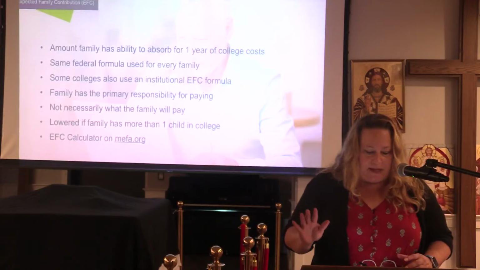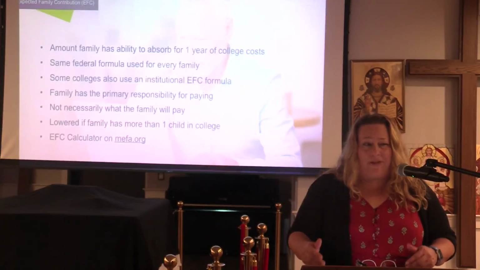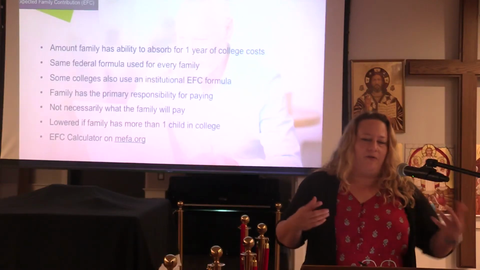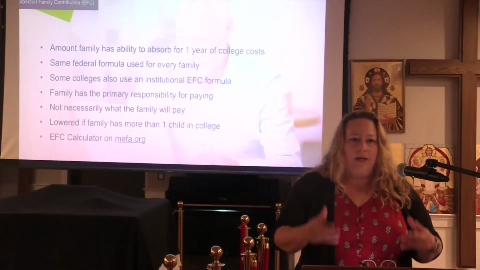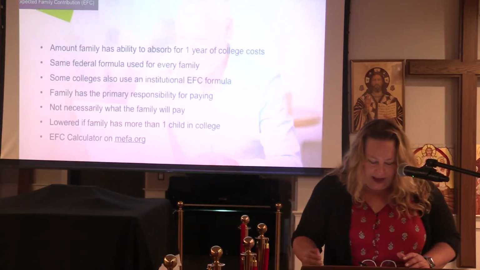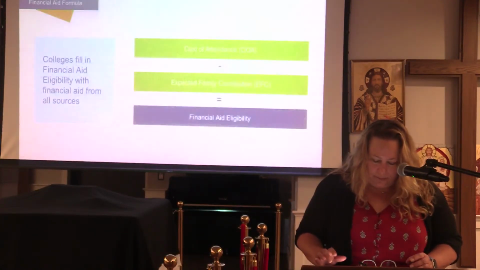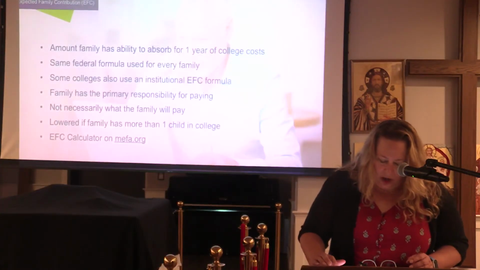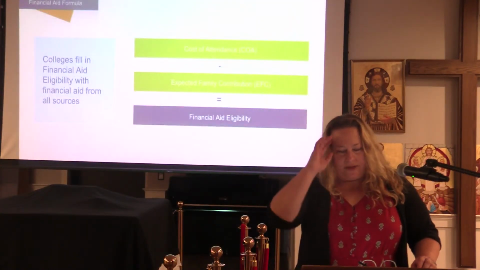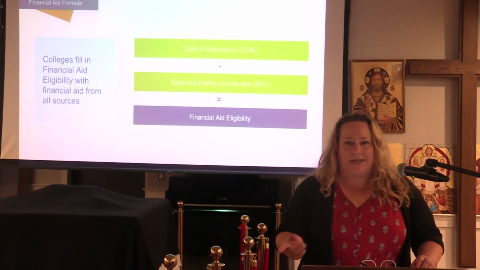But all of this is based on the fact that it's the family's primary responsibility to pay the bill. And the colleges and the federal and state government are going to try to support with the funds that they have. There is a calculator on MEFA.org, an EFC calculator, and I also have a slide in a minute about net price calculators.